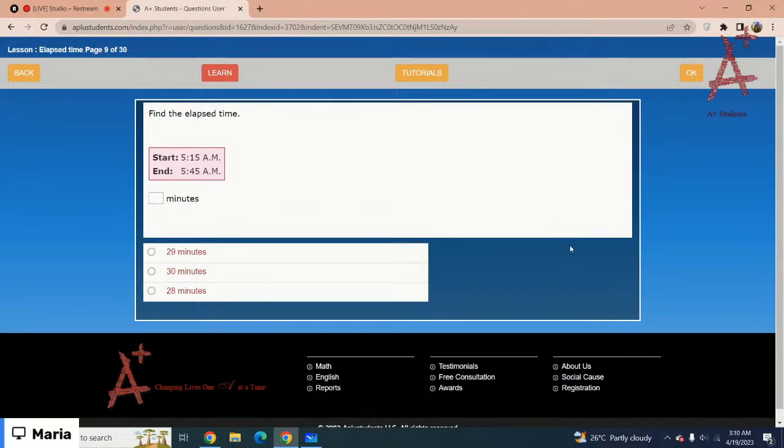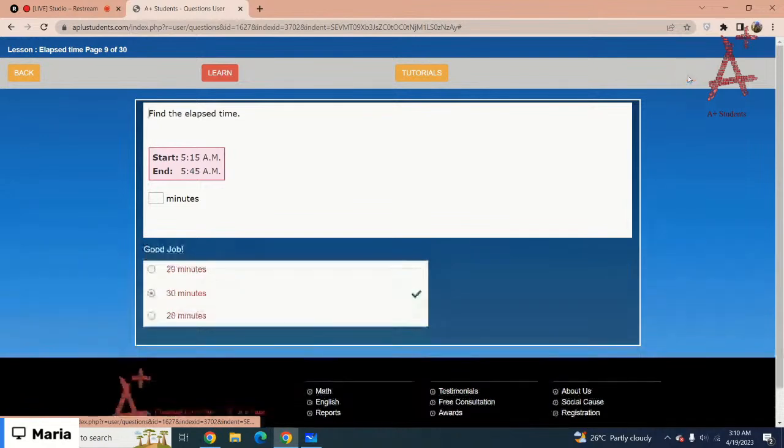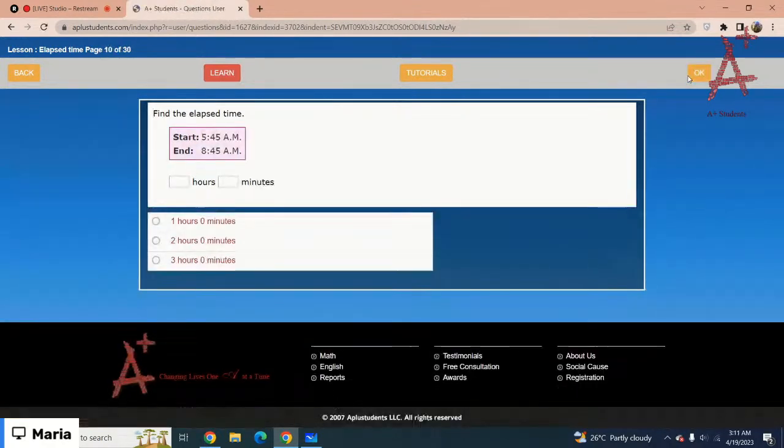Got it? Okay, the next one is 5:45 until 8:45. Which is the correct option? It is 3 hours and 0 minutes. So the correct option is the last one.